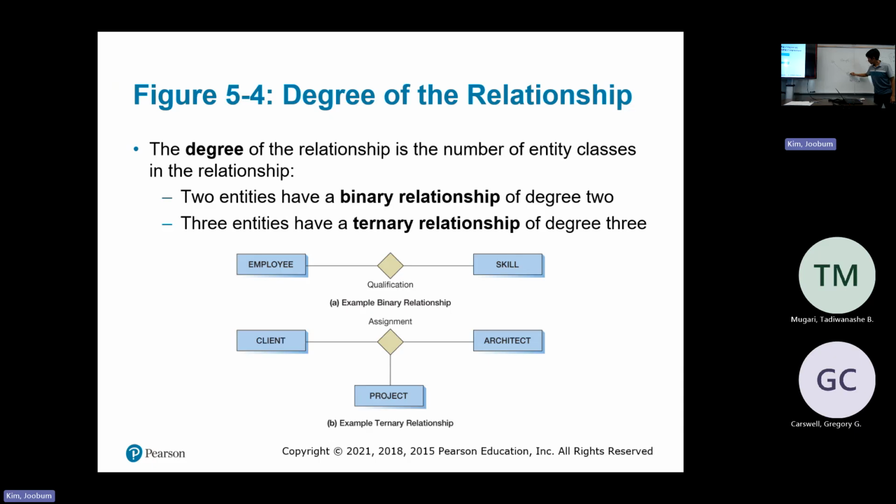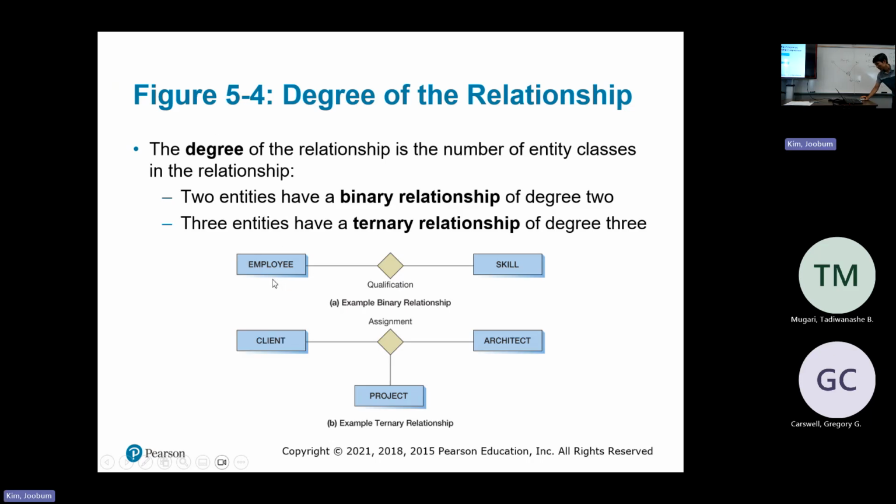For example, the Atlanta node has 2 links. That means degree is 2. Maybe it's a Boston here, like that. The degree is 3. So that terminology is widely used in graph theory. Okay.